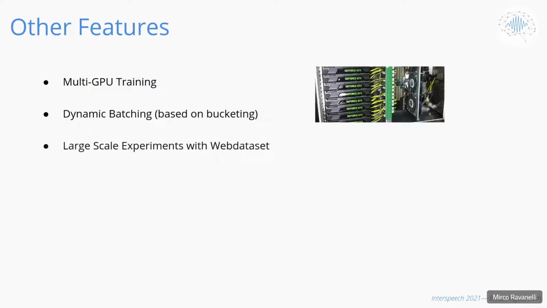Other features that we would like to remark: we support multi-GPU training with data parallel and distributed data parallel. We support dynamic batching, which is an important feature for a sequence processing toolkit.